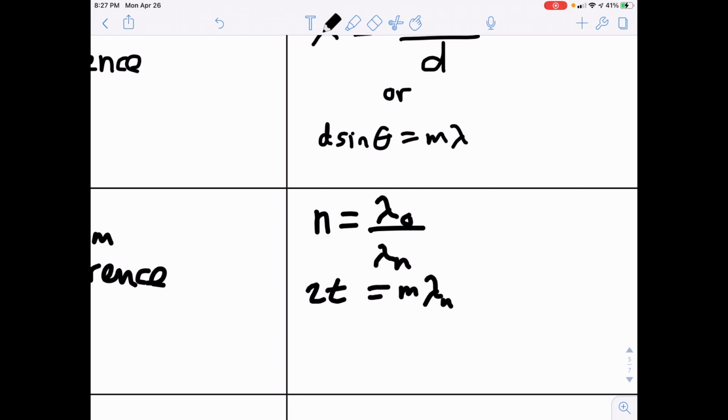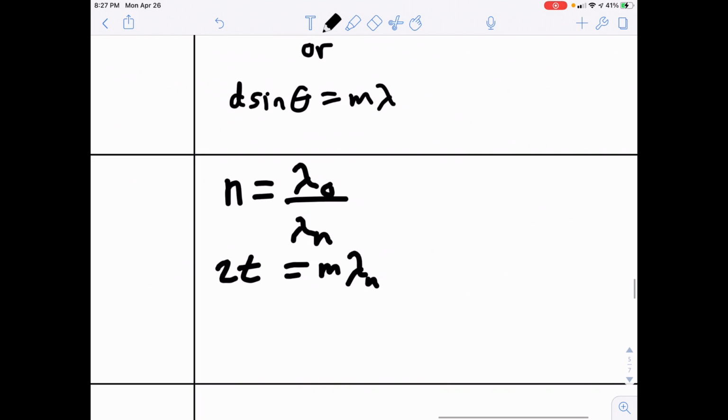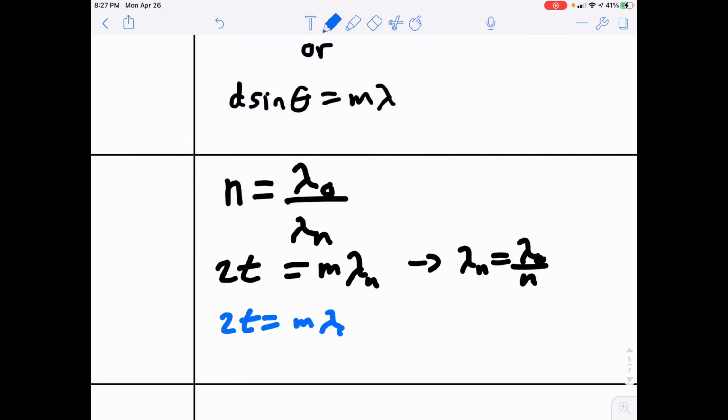Now, if we put this in and rewrote this, lambda n is equal to lambda O over n, and so we would get 2 times the thickness equals m lambda O over n.